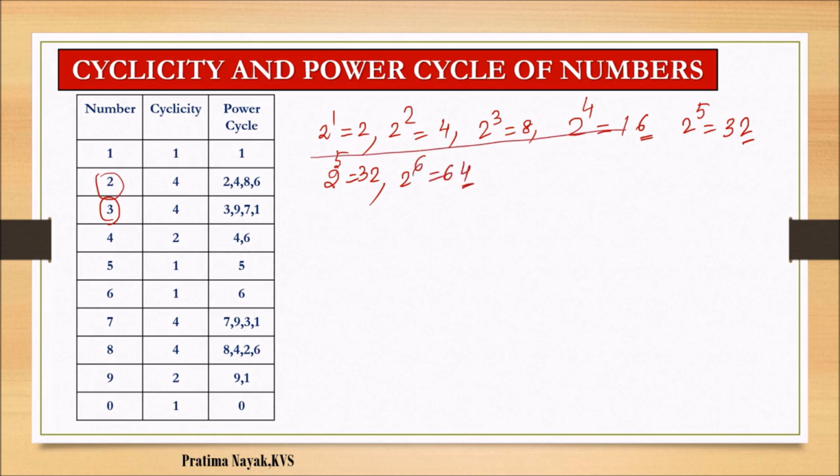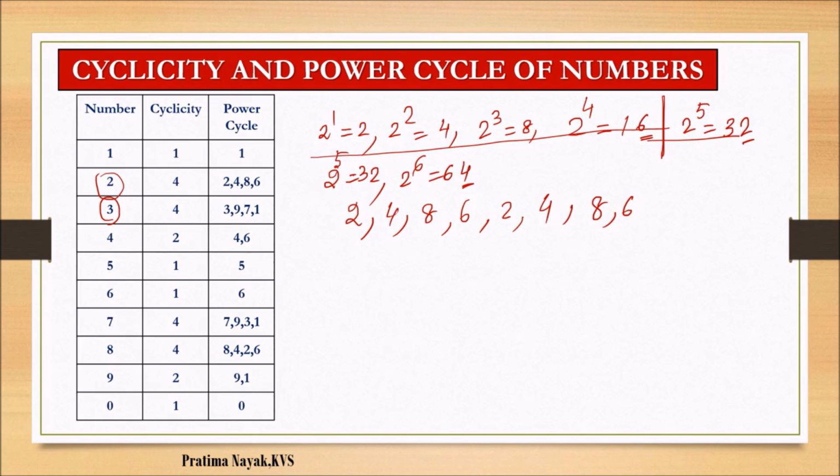So the cycle is 2, 4, 8, 6, again 2, 4, 8, 6. We say there are 4 values in the power cycle and its cyclicity is 4. You have to keep this in mind so that you can solve the problem easily.